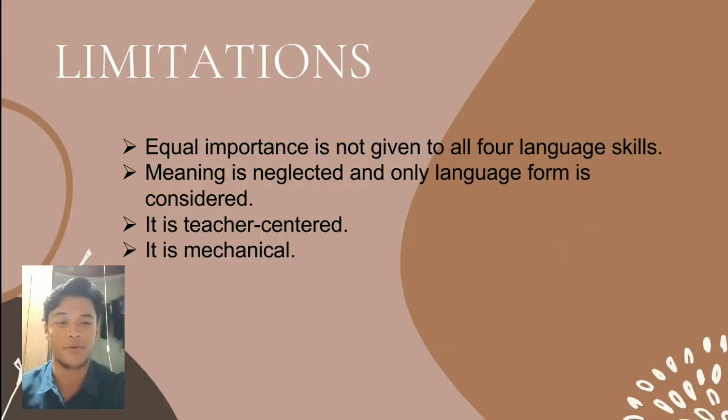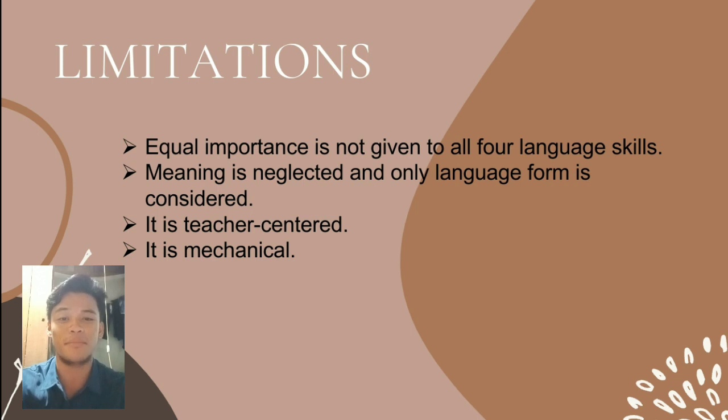Hersalia. So now let's discuss the limitations of the audiolingual method. The first limitation is that equal importance is not given to all 4 language skills. So how come importance is not given to all 4 language skills?